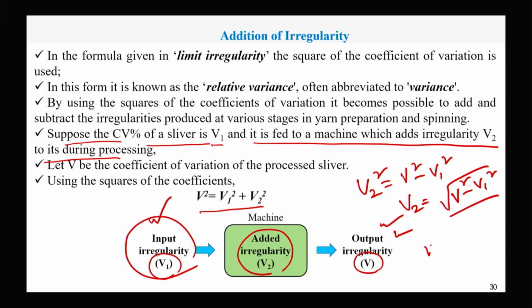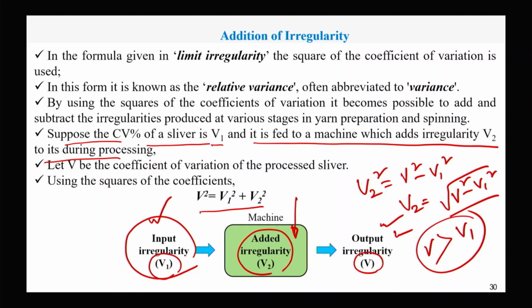So this V will always be more than V1. Output CV is always more than input CV because CV is added during the process.